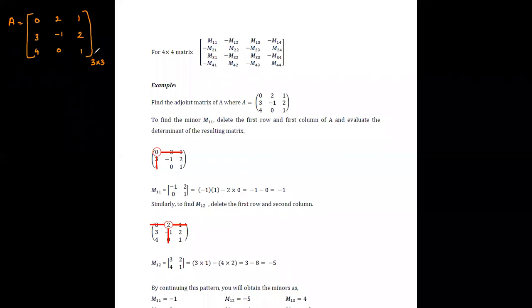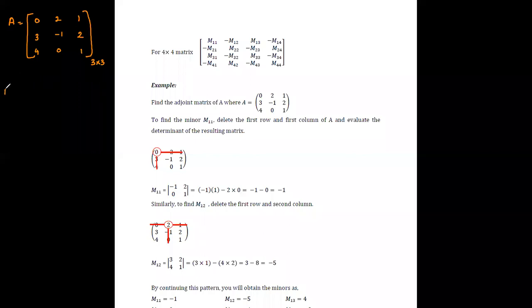First, we will move to obtaining the minors for this given matrix. Now you can see that there are 9 elements in this matrix. Therefore, since we have 9 elements in this matrix, there should be 9 minors.